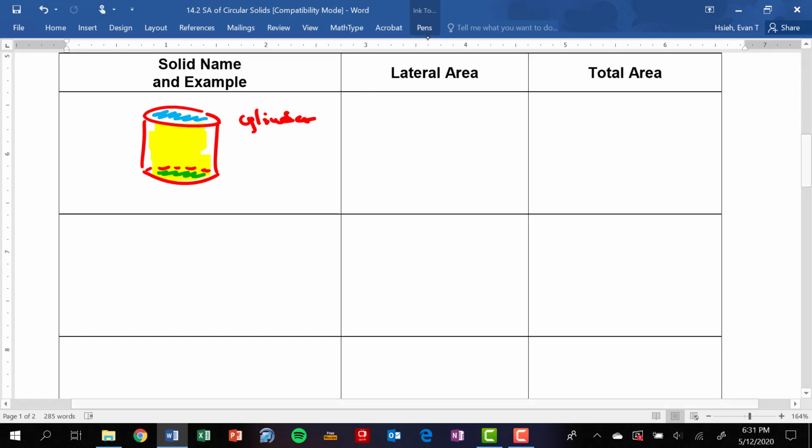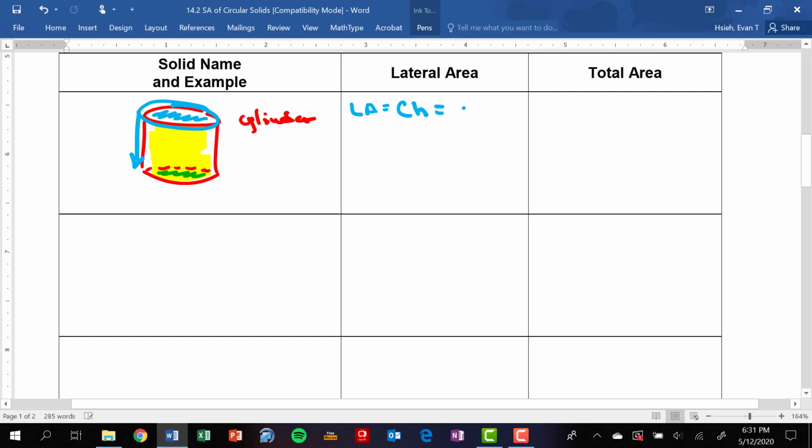And the way we find the lateral area is we take the circumference of one of the bases and we multiply it by its height. And that'll give you the lateral area.